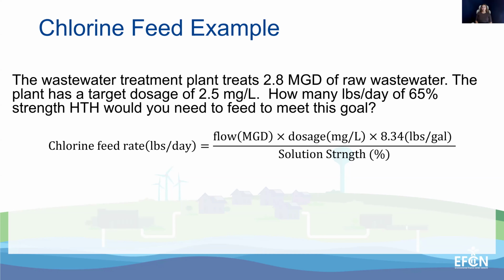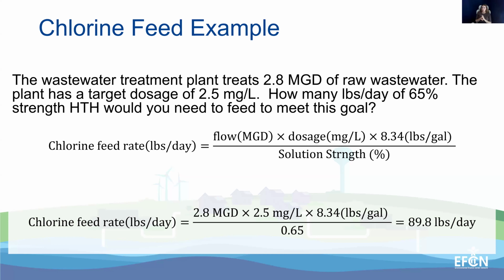Now, when we have a solution strength that's not pure gas, we have to figure out how to apply that. The way we do that is we divide that whole feed equation by the solution strength. For this example, our flow is given in MGD, so those units are already correct. Our dosage is given as 2.5 milligrams per liter, so that's already correct. However, our solution strength is a percentage and it needs to be a decimal.